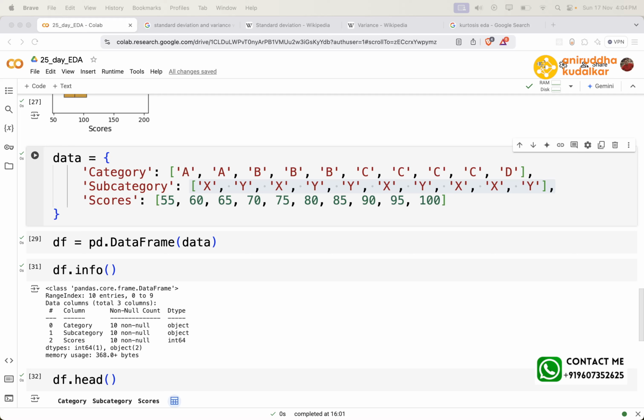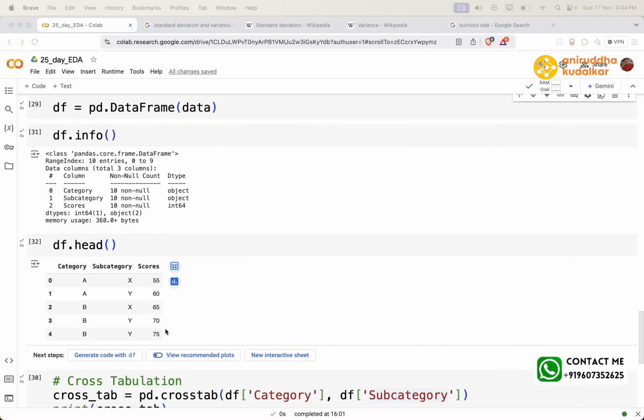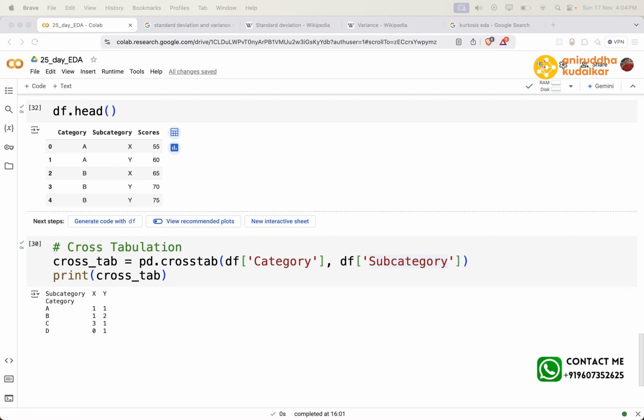Cross tabulation is prepared by making a two-way table with column headings that match the levels of one variable and row headings that match the levels of the other variable, and then filling in the counts over here. Now this is what the cross tabulation is. Here you will get exactly what's happening, the relationship.